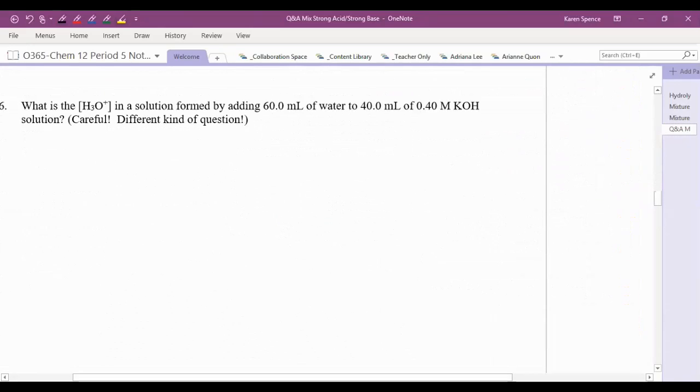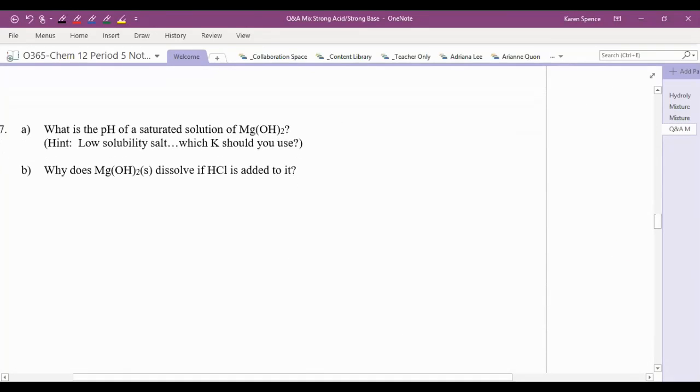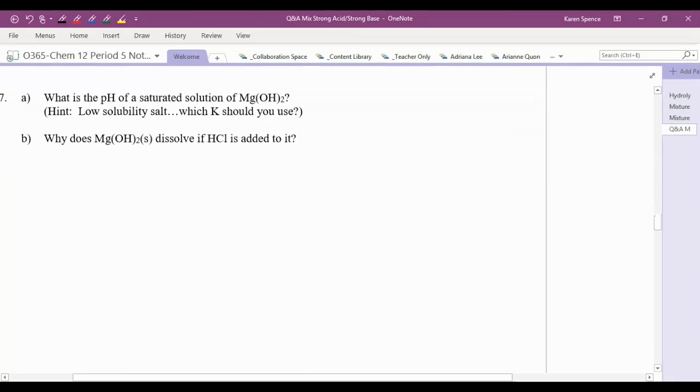5, 6, 7. Oh, this is a review. This is our saturated solution. So we're looking at a saturated solution, and that means we are dealing with a low solubility salt, a low solubility compound.